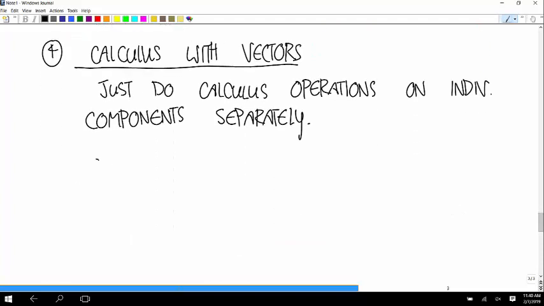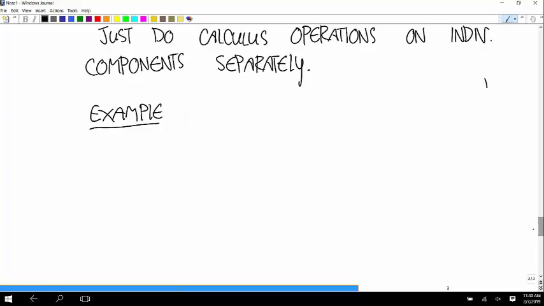Okay, so for example, let's say we have a vector u. So it's a vector, so it has the vector symbol over the top, and it's a function of time. So that's how you write a vector as a function of time.